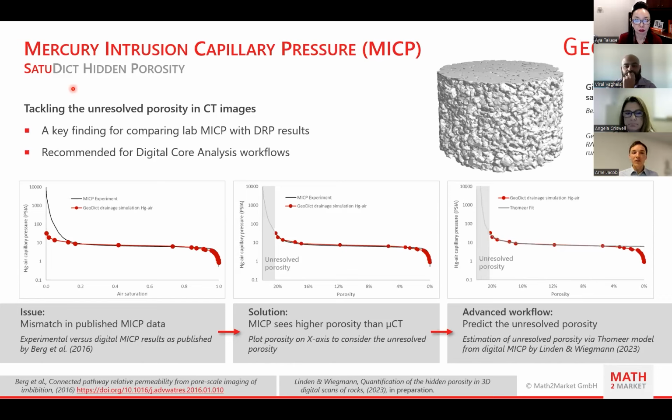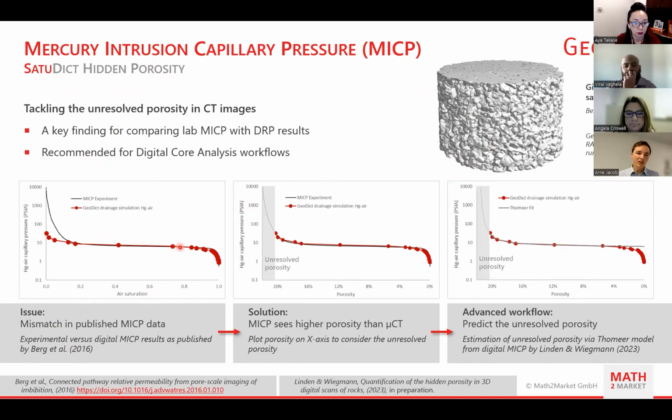And to prove that the simulations fit very well with the same approach in experiments, I have a slide here about digital and experimental MICP, which is mercury intrusion capillary pressure, where Stefan Berg, who is from Shell, conducted digital and experimental MICP.